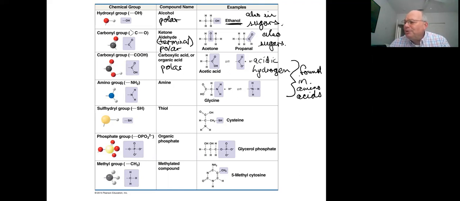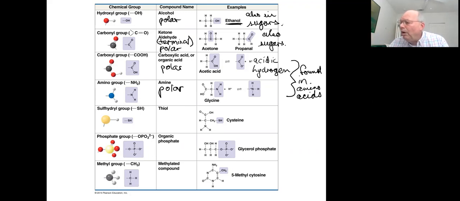So the next functional group is the amine group. This is a nitrogen with two hydrogens attached to it. The third covalent bond is what attaches it to the carbon chain. This is polar and it is basic, as the diagram suggests, because it can bind a hydrogen out of solution.